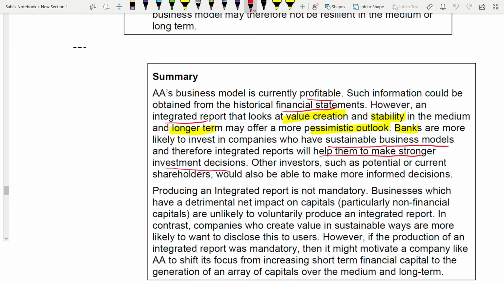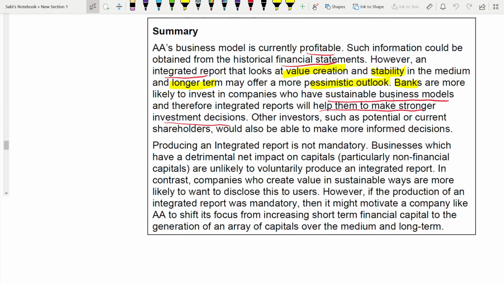Now, remember, integrated reporting is not mandatory. It is something which is done voluntarily, right? If you want, you do it. If you don't want, you don't do it. It's not mandatory, unlike the statement of financial position and statement of profit or loss. So usually what happens, businesses which have a detrimental net impact on capital, that means a negative impact especially on non-financial capital. Why especially non-financial capital?